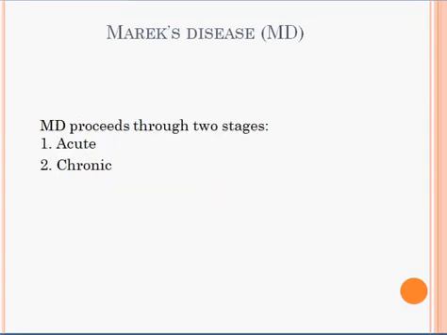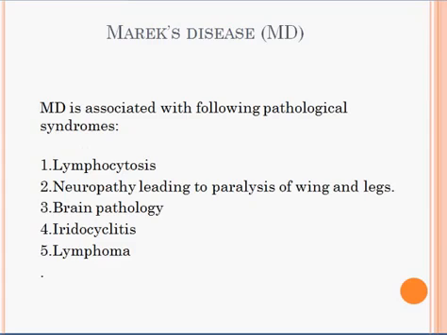It proceeds through two stages, acute and chronic. Some symptoms or syndromes of this disease: lymphomatosis, neuropathy, brain pathology, iridocyclitis, and lymphoma.